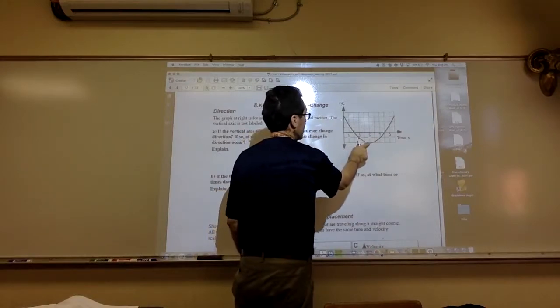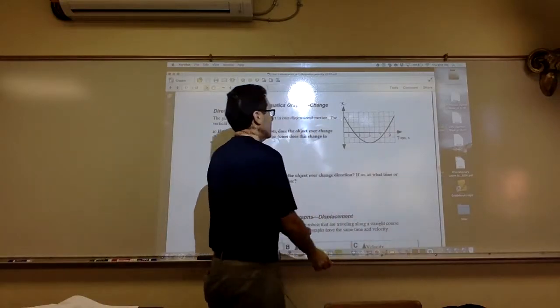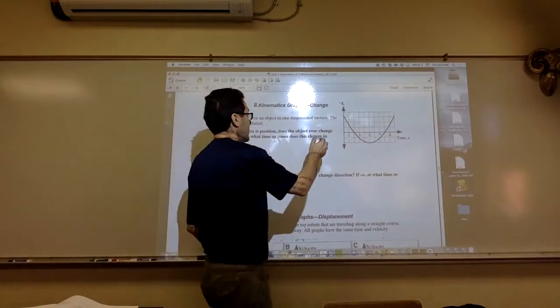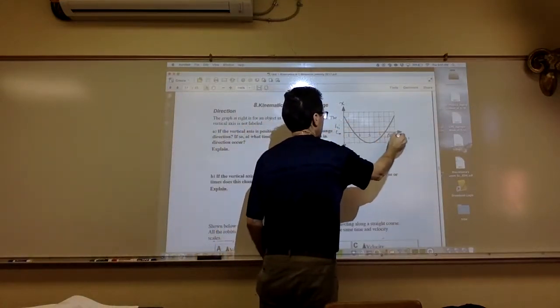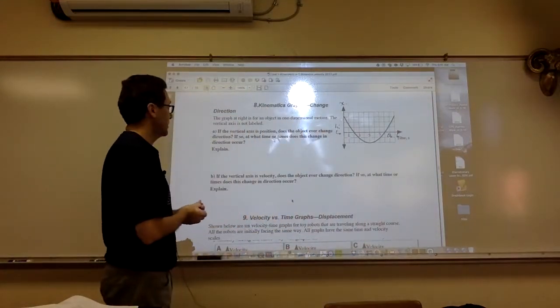And then it changes. It starts to go from low to high. So yeah, we are changing direction in this case. So we're going from high to low, then we're going from low to high. And the only way you can do that is by changing direction.